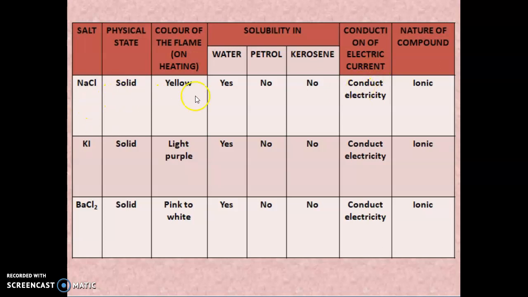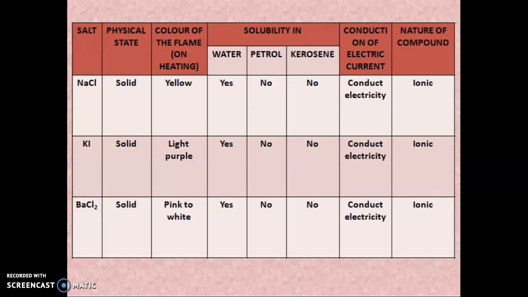All three salts will conduct electricity. So the nature of the compounds sodium chloride, potassium iodide and barium chloride is that they are ionic compounds. Just like this we can check the nature of a substance: color of the flame on heating, solubility, conduction of electric current and nature of the compound.